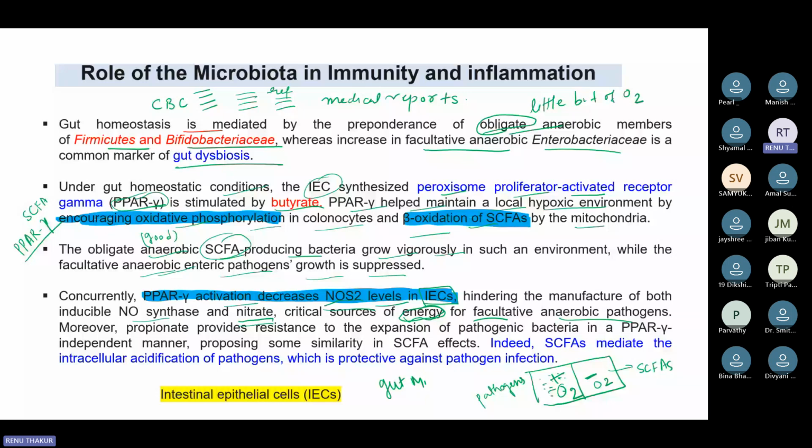Now what line came from here? That PPAR gamma is a critical regulator of our immune system, and if your PPAR gamma is impaired, I am saying it again and again so that you can write it in your notes.